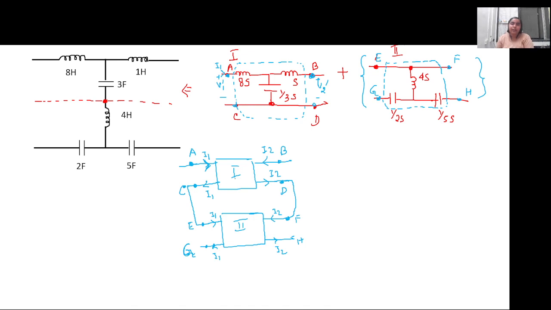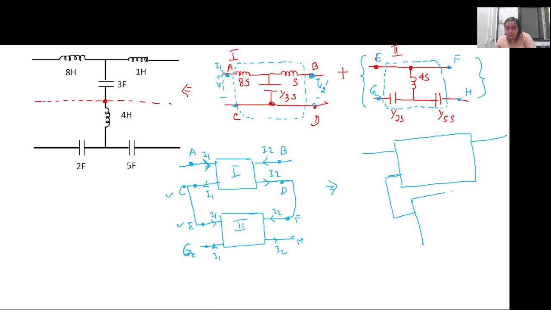Up to now we have not looked into what is inside the network. Now I am drawing the network with respect to what is inside. We have figured out A, B, C and D. I'll draw it a bit bigger. Points C and E are the same because nothing is connected between them.